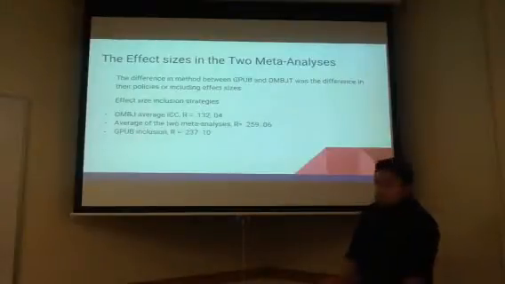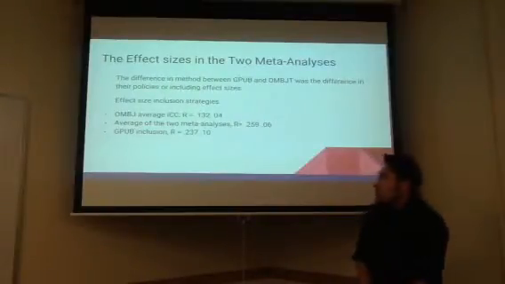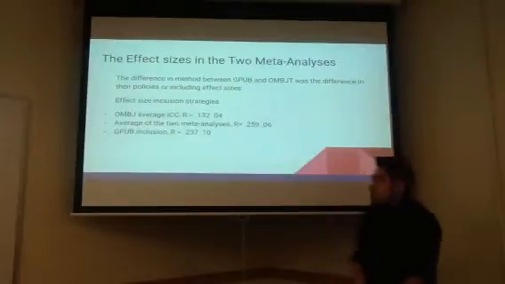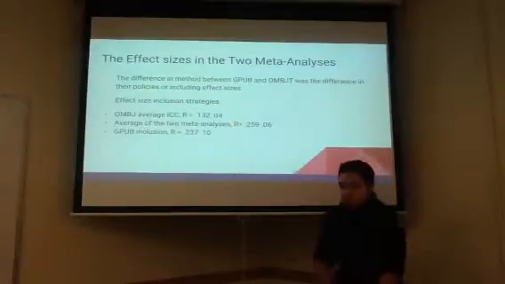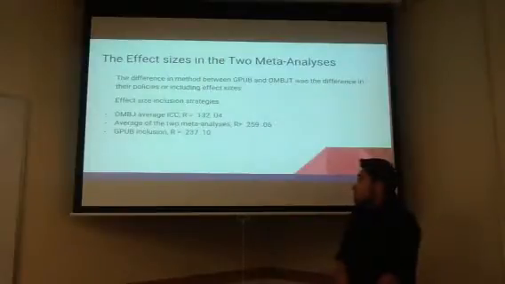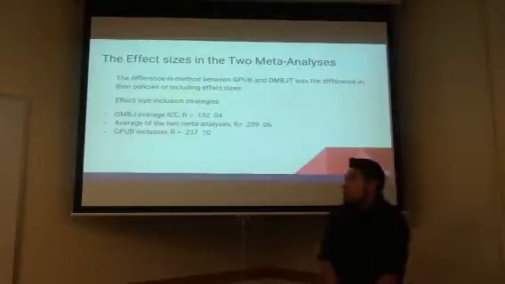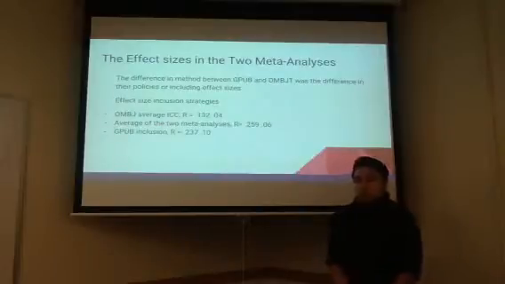There was a difference in their policies in including effect sizes. The OMBGT average ICC was a correlation of 0.132 plus or minus 0.04. While there was an average on the correlation between the 2 meta-analyses of 0.259 plus or minus 0.06. While the GPUB inclusion was a correlation of 0.237 plus or minus 0.1.